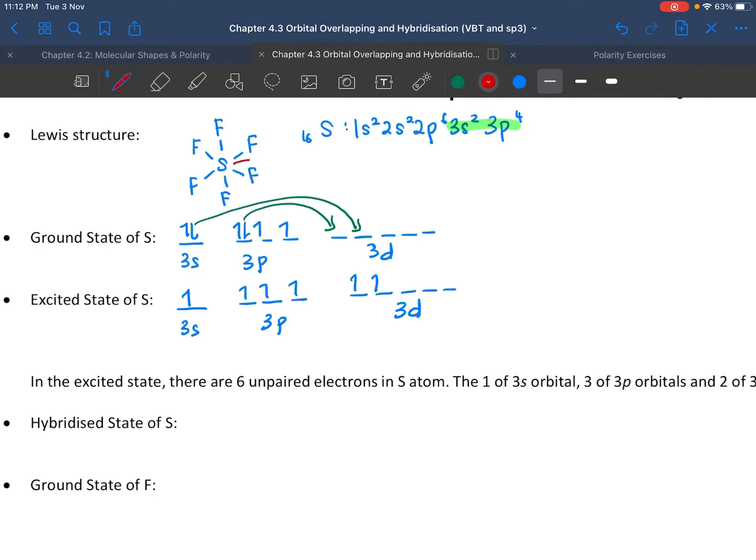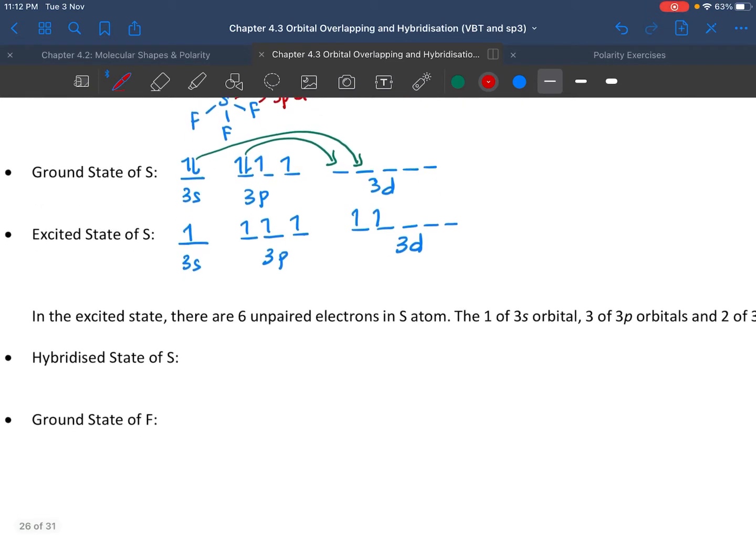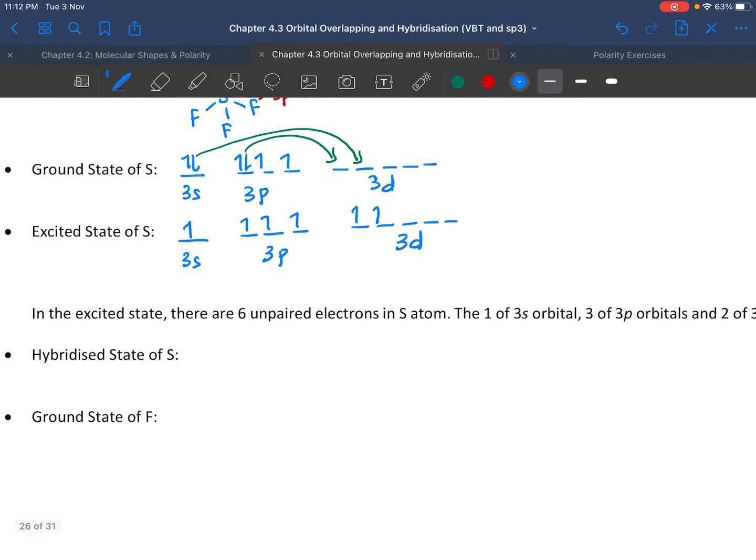So this one, since S bonded to 6 bonds, no lone pair, that means 6 electron pairs, so the hybrid orbital is sp3d2. Okay, so sp3d2 ada 6 orbital, so 1, 2, 3, 4, 5, 6.